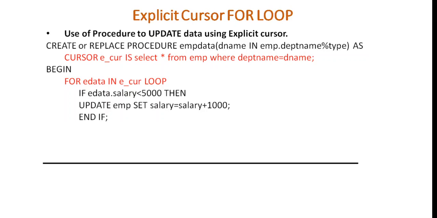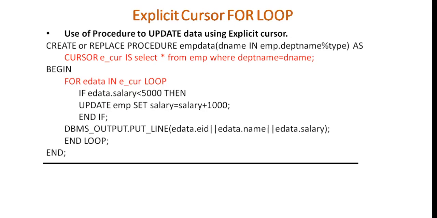So I have written the loop like this: if edata.salary is less than 5000, then write the update query, update emp set salary equals to salary plus 1000, and then end if. After execution of this if, it will increment the salary of all employees where salary is less than 5000.